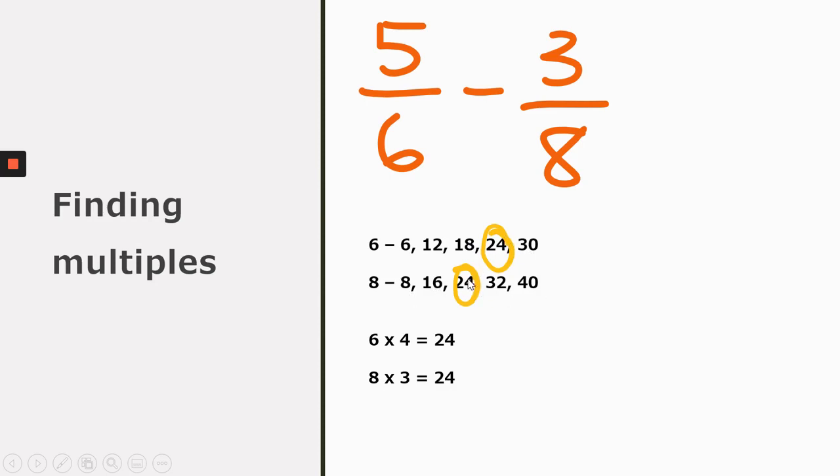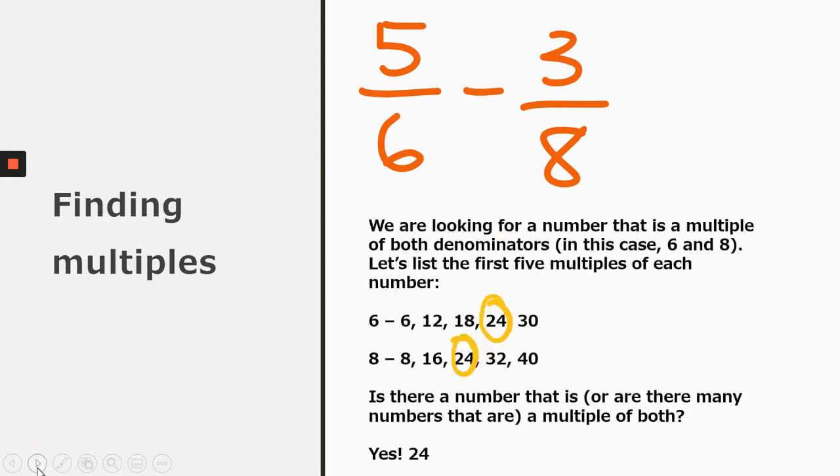And I see that both of those numbers are factors of 24. Or in other words, 24 is a multiple of both numbers, and it's the lowest one that's a multiple of both. 6 times 4 gives me 24, and 8 times 3 gives me 24. So we're looking for a number that is a multiple of both 6 and 8, and that multiple is 24.